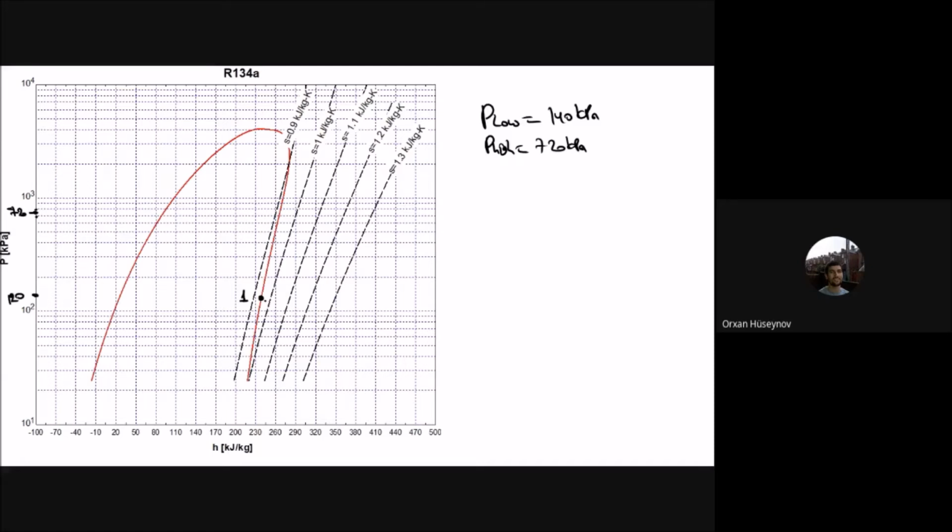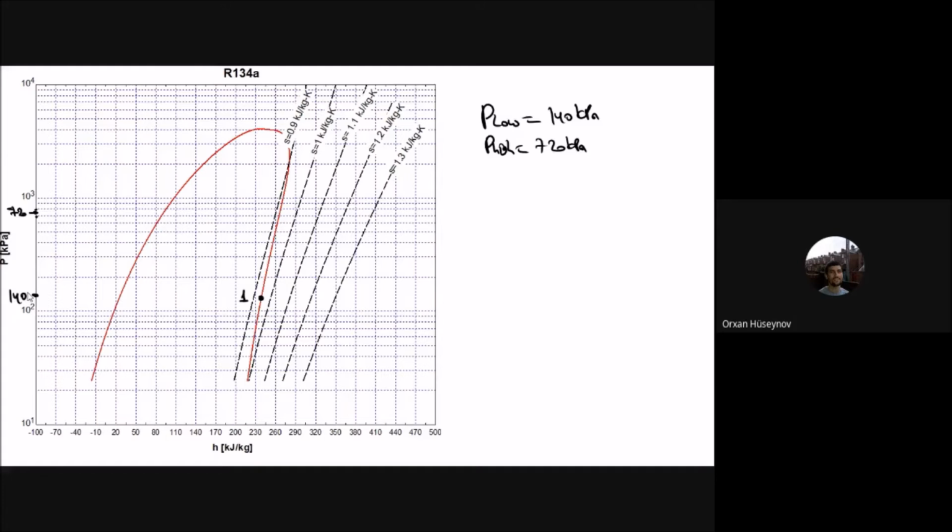Okay, sorry, 140. These are approximate values, it doesn't matter at the end. 140 kilopascal.